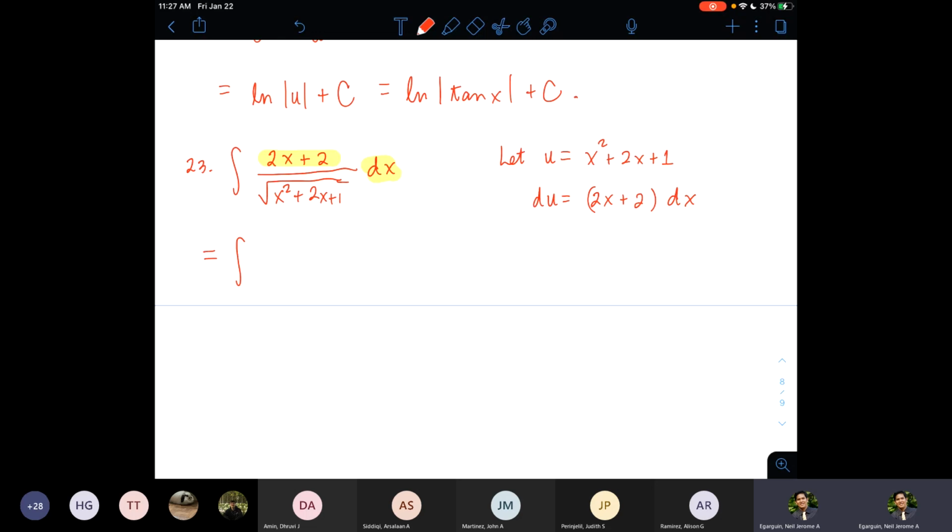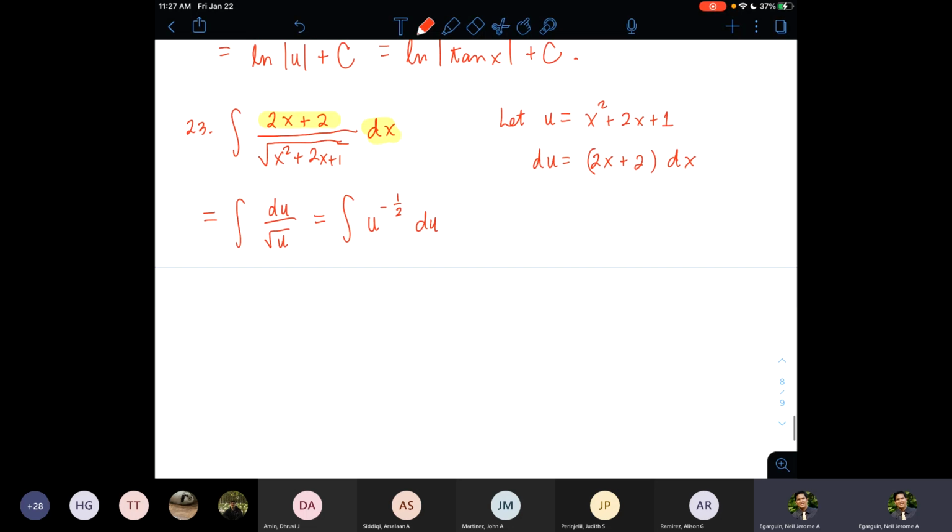So this would be du over square root of u, which would seem a little bit difficult, but if you use laws of exponents, you can write it as u to the negative 1/2 du, right? It's easier to integrate this in power form. So this would be u to the negative 1/2 plus 1, so that's 1/2, all over 1/2, plus the arbitrary constant c.